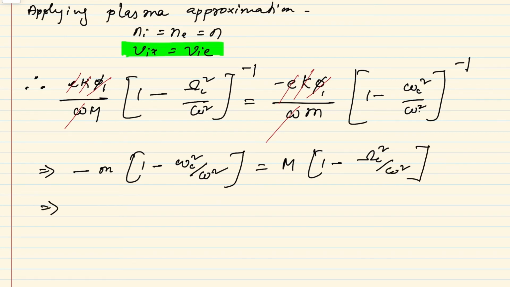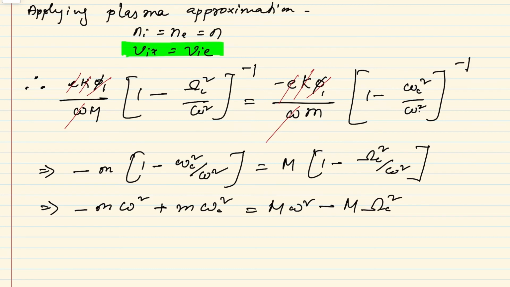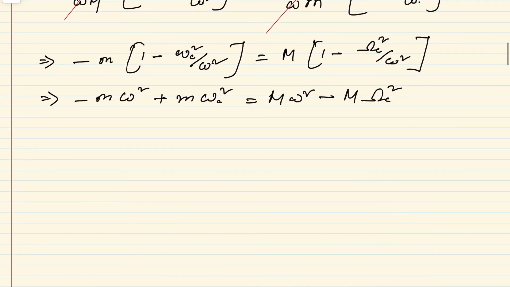So if you multiply both sides by omega square, then what you are going to have is minus m omega square plus m omega c square equals capital M omega square minus capital M Omega c square.